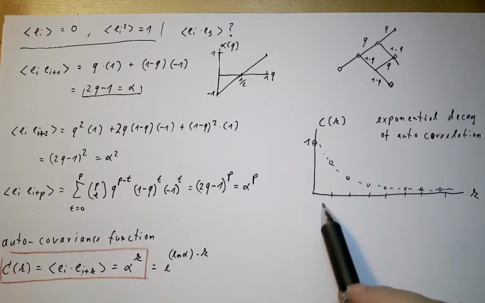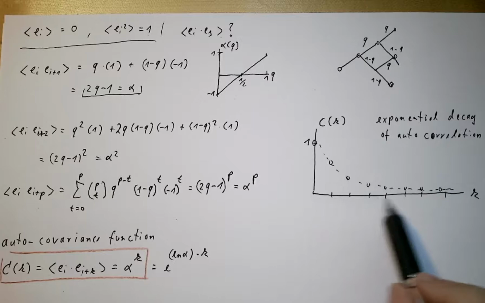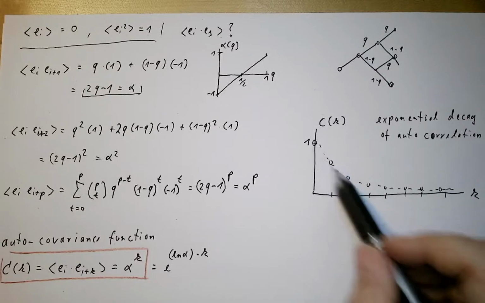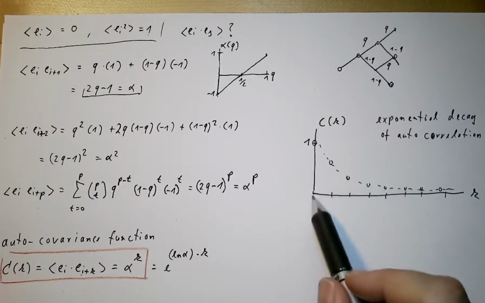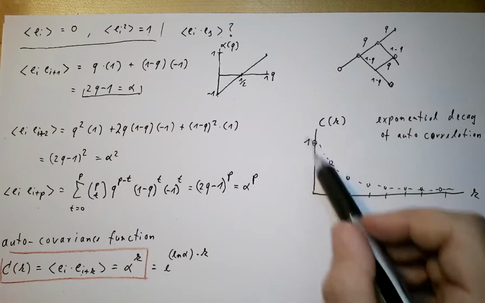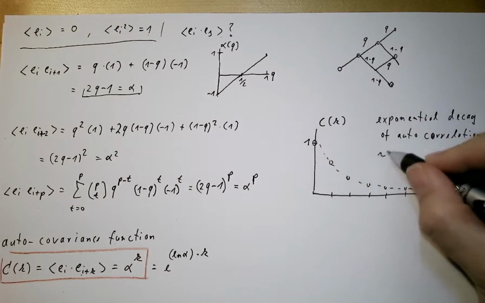This means increments in the future, certain steps in the future, are correlated weakly with the increment at the first time step. Yeah? And this decay is exponential in time. And this is then what we call a short-term memory.